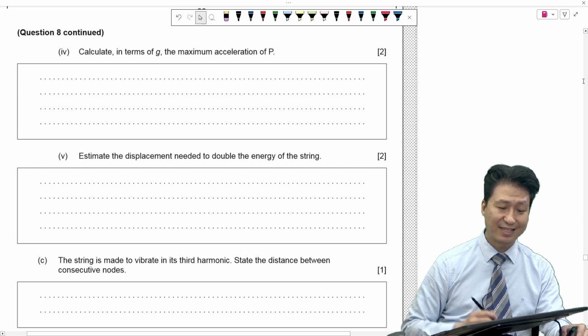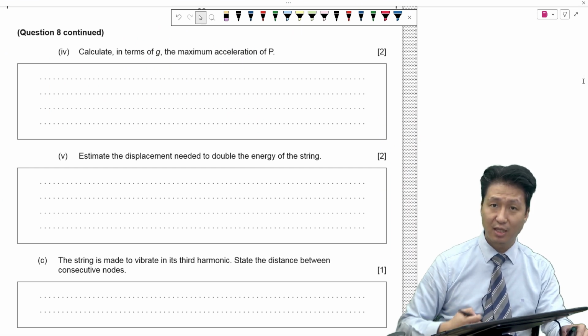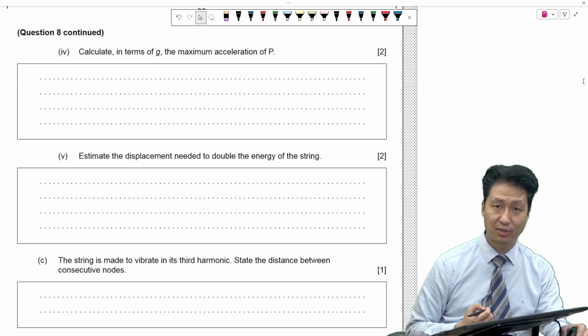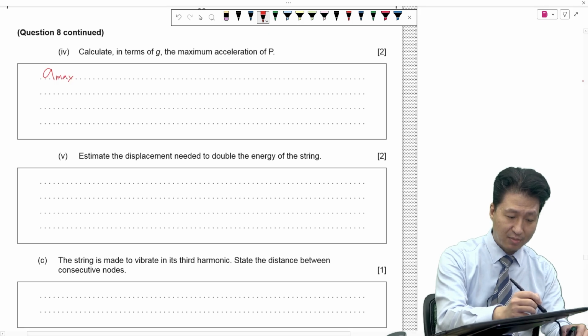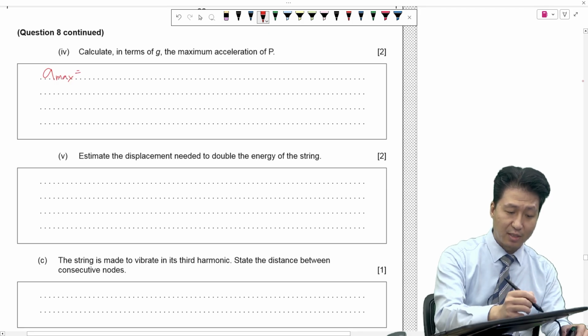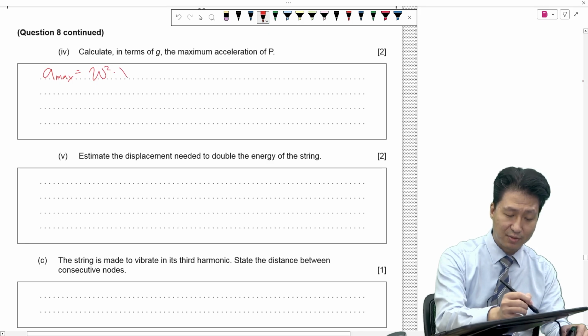Problem number 4, it says calculate in terms of g the maximum acceleration of this point. Same thing here. The maximum acceleration is equal to the angular velocity squared times the amplitude.